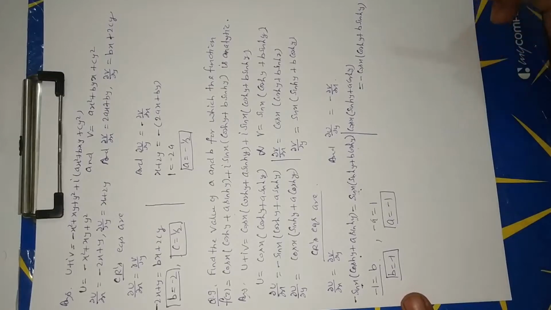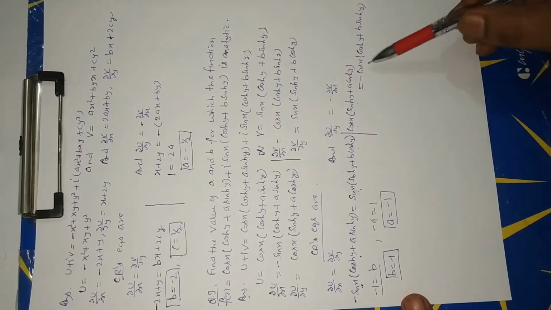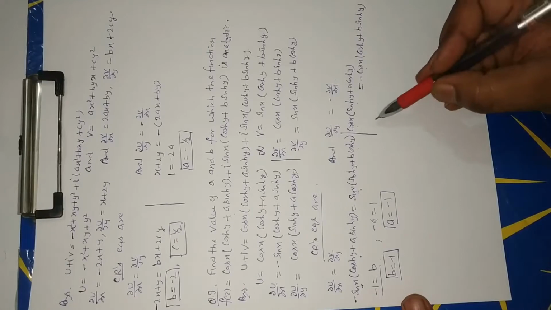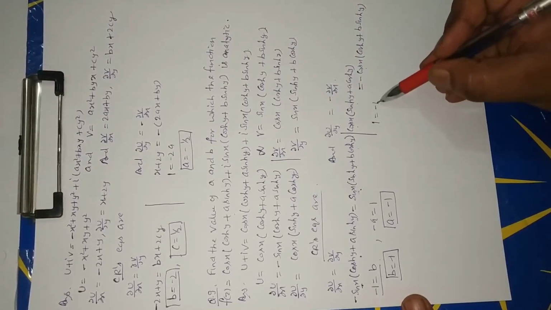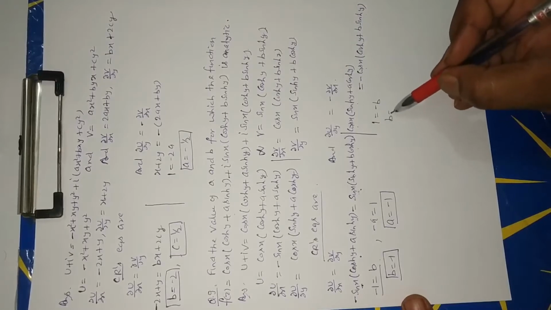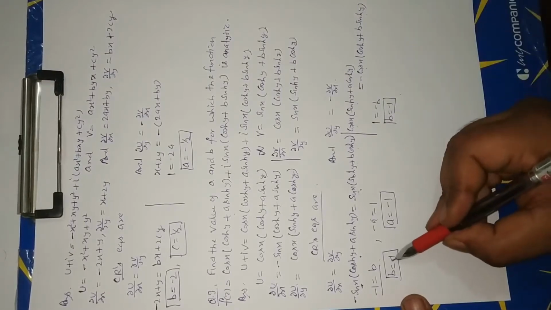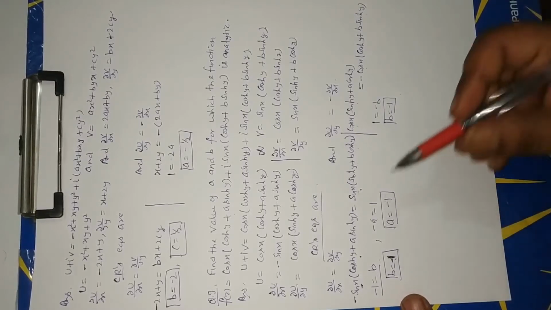Similarly, we calculate the coefficient of cos x sinh y. The coefficient here is 1 and here minus b, so b is equal to minus 1. Both values are the same, so my assumption is correct.